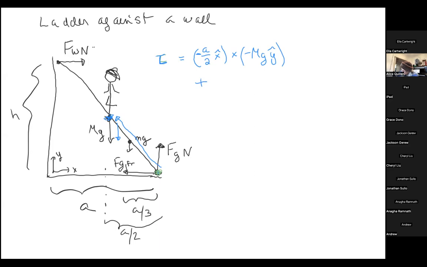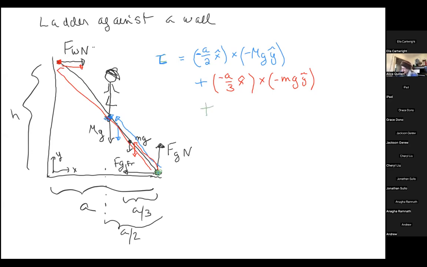So that will be r cross F here. So we have minus a over 3 x hat cross minus mg y hat. So that's gravity on the ladder, what torque it gives. And then we need this. r is going to be this, and F is going to be that. So let's choose another color here. I should have drawn it in green.